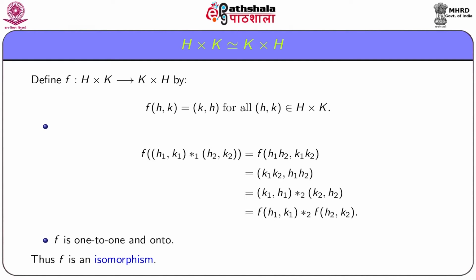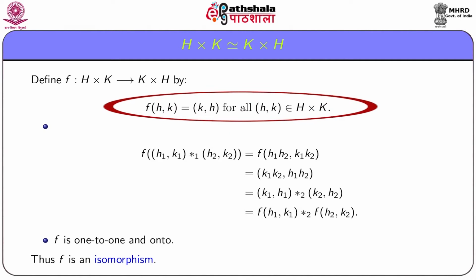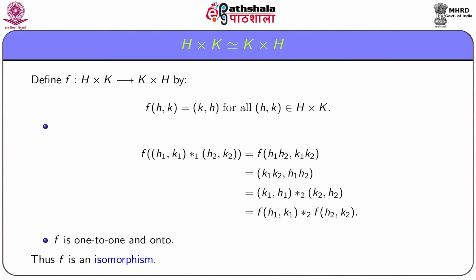H cross K is isomorphic to K cross H. For this, define f from H cross K into K cross H by f(h, k) = (k, h) for all (h, k) in H cross K. Then, from the definition, it follows that f is one-to-one and onto.